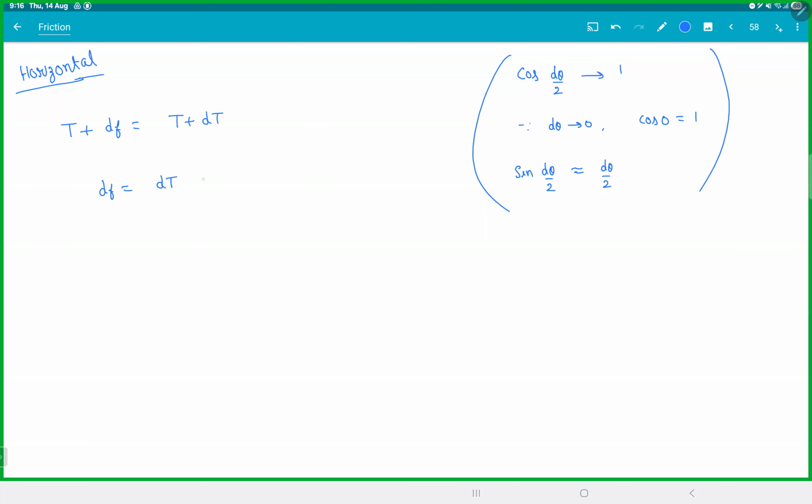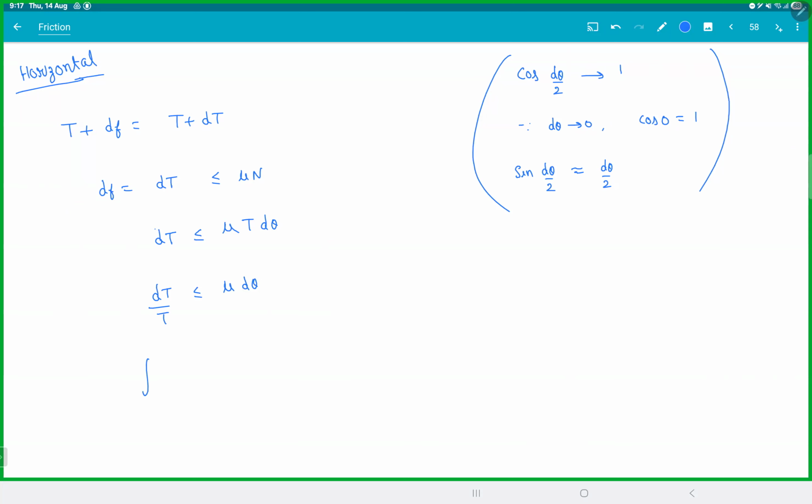dT. But we know friction is always less than or equal to mu N. So you actually get a range there. So this will be dT less than or equal to mu N, but N is what? Just now we calculated T d theta. So we get dT by T is less than or equal to mu d theta.